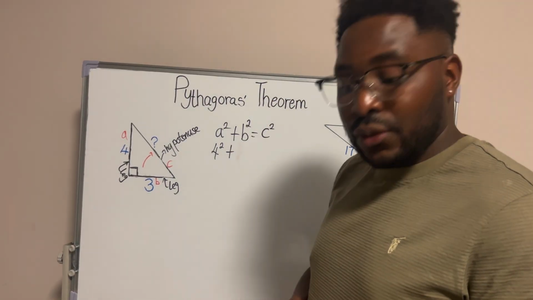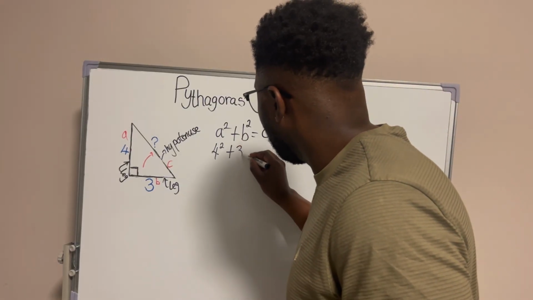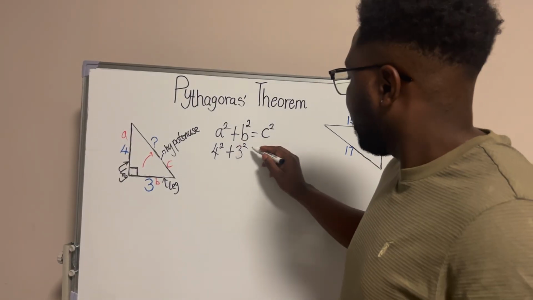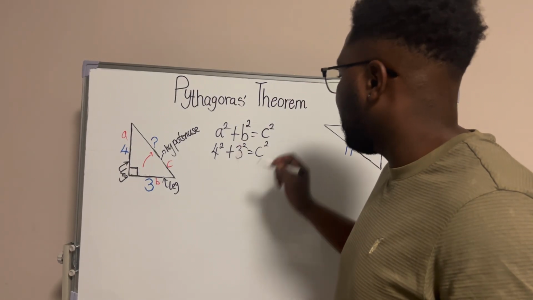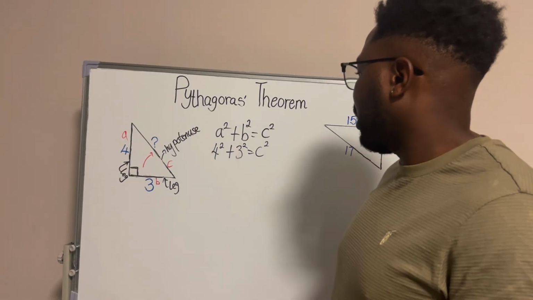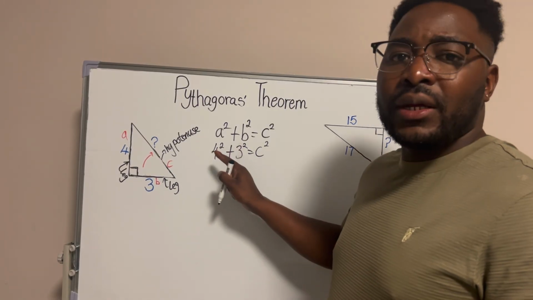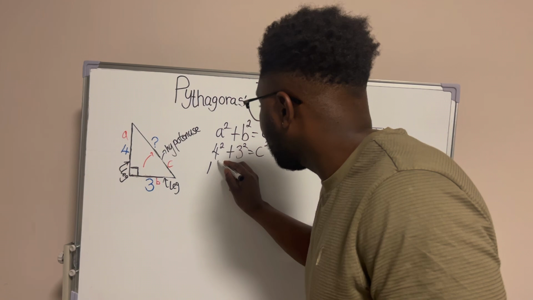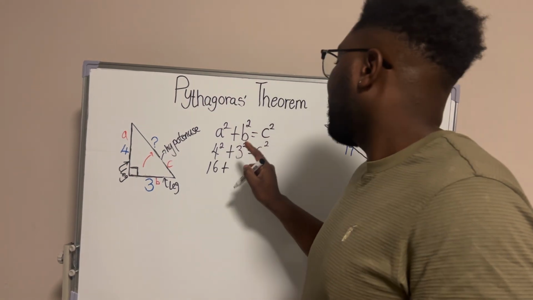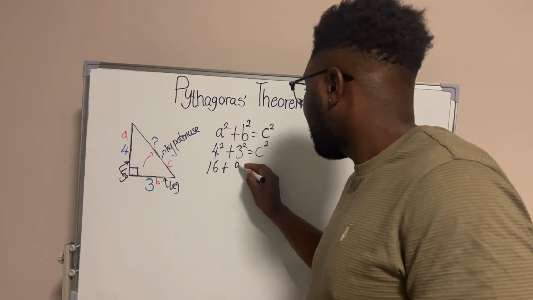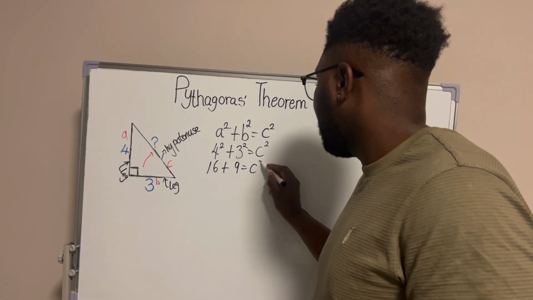Is 3. So that will be 3 squared equal to C squared. Yes, okay, so now 4 squared gives us 16 plus 3 squared gives us 9 equal to C squared.